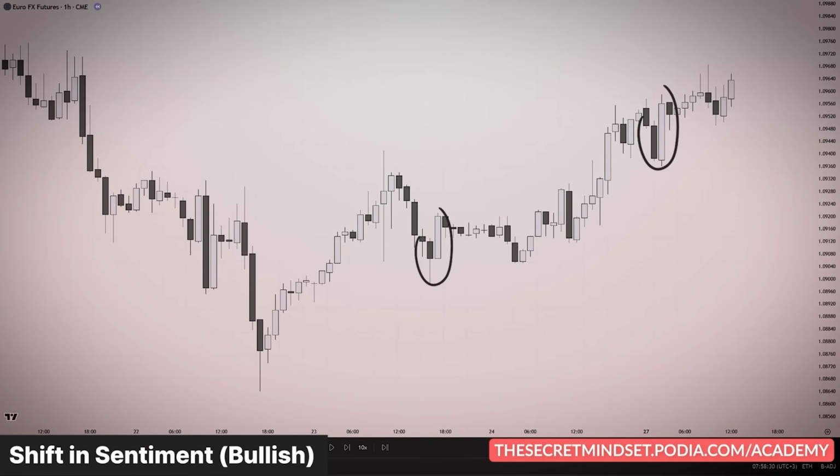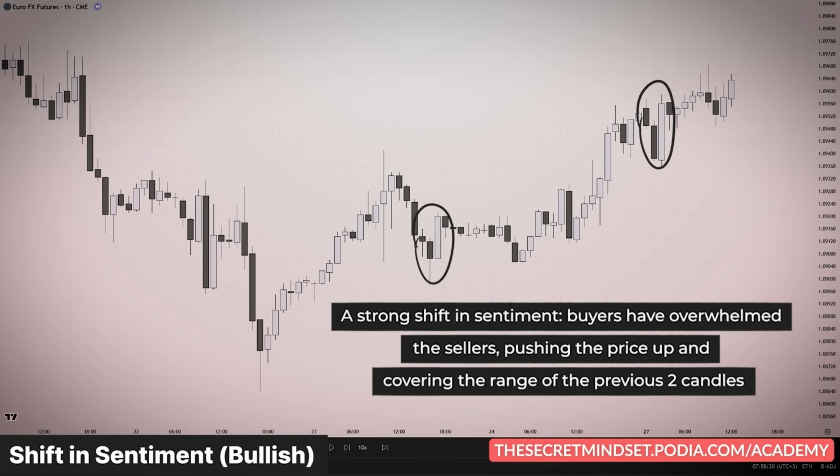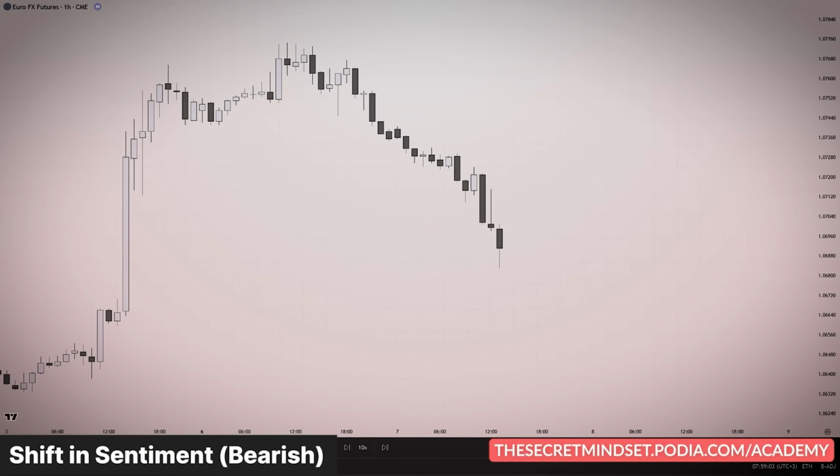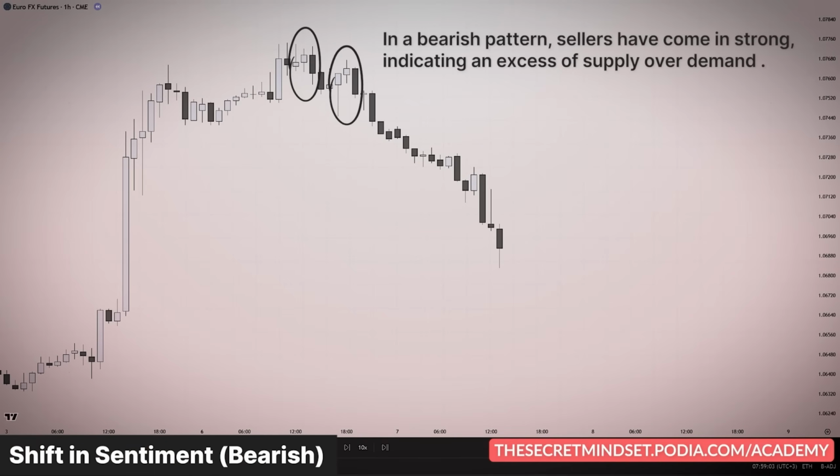The engulfing momentum candle represents a strong shift in sentiment. If it's bullish, buyers have overwhelmed the sellers, pushing the price up and covering the range of the previous two candles. This suggests that the demand has suddenly outstripped the supply. In a bearish pattern, sellers have come in strong, indicating an excess of supply over demand.